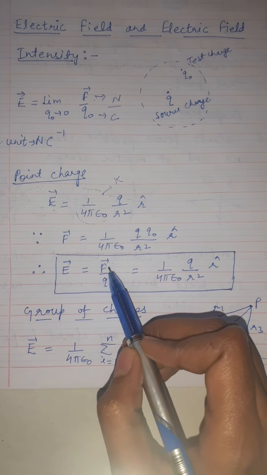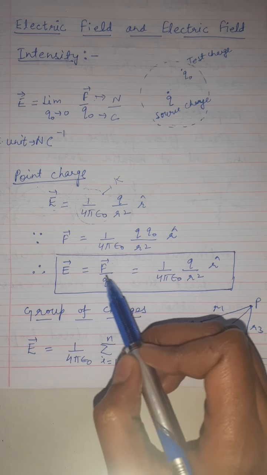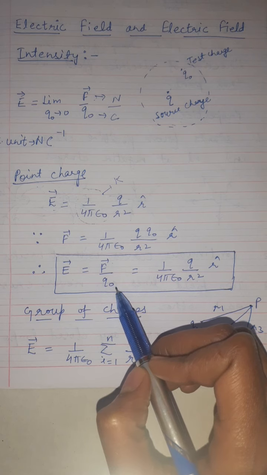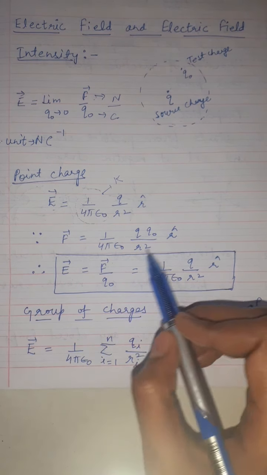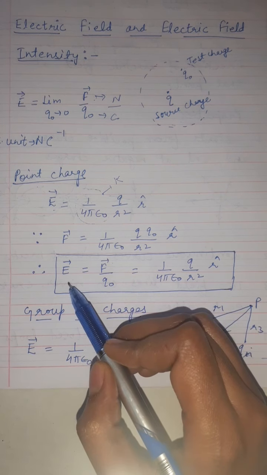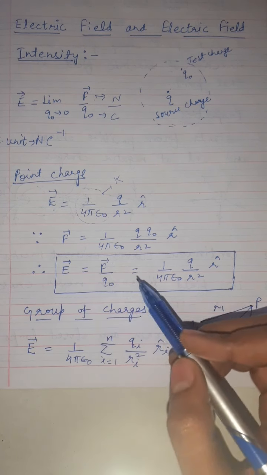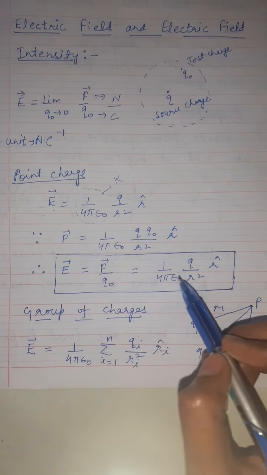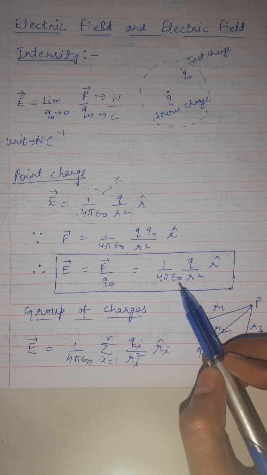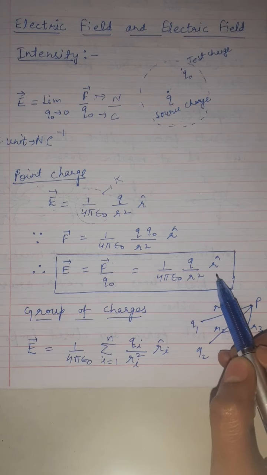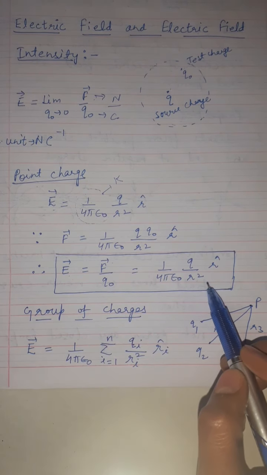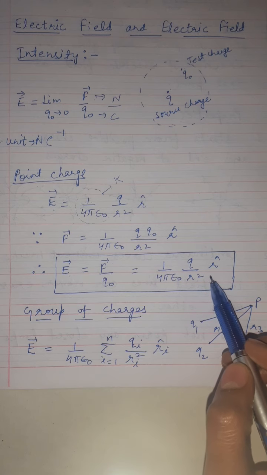That is, force should be divided by that unit test charge at which we are calculating the electric field intensity. So this whole expression will be divided by Q naught to get the electric field intensity. When we divide this by Q naught, simply we will get K, or 1 upon 4 pi epsilon naught Q upon r square r cap. So this is the electric field intensity due to a point charge.